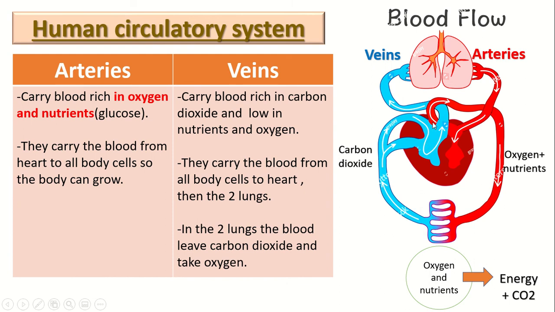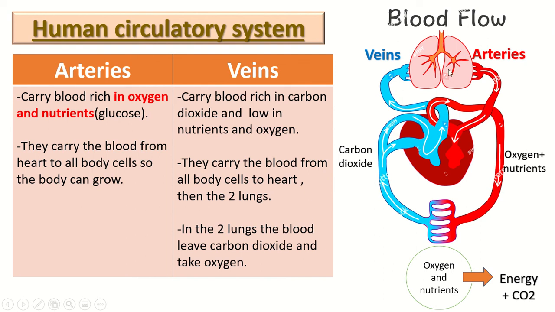And from the heart, the carbon dioxide will move to the two lungs, and it will get out from our lungs through the nose. So the veins carry blood rich with carbon dioxide gas, from all the body to the heart.